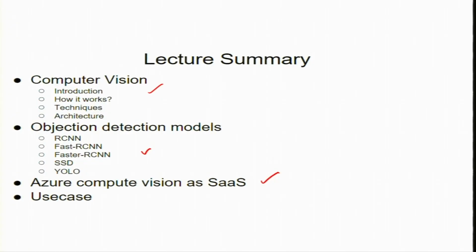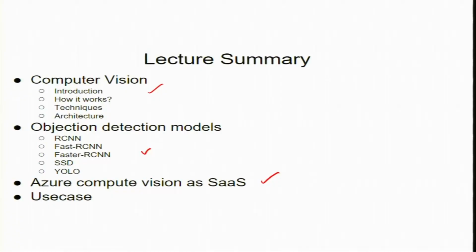We have also said that all other services provided by different cloud vendors are similar in nature. So this use case from Azure is good enough to understand the functionality of every other solution provided by different vendors such as Amazon and Google. We have also covered the use case and the practical lab session in this lecture. Thank you.